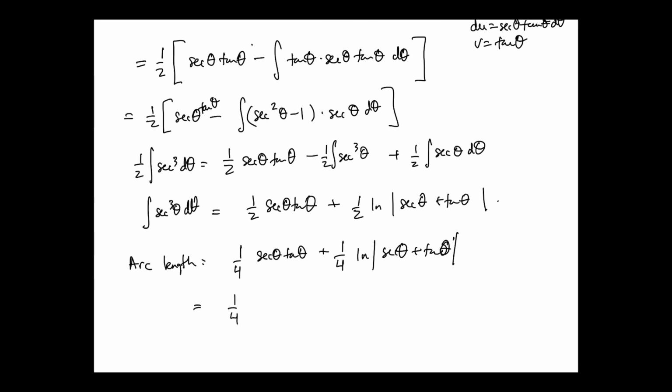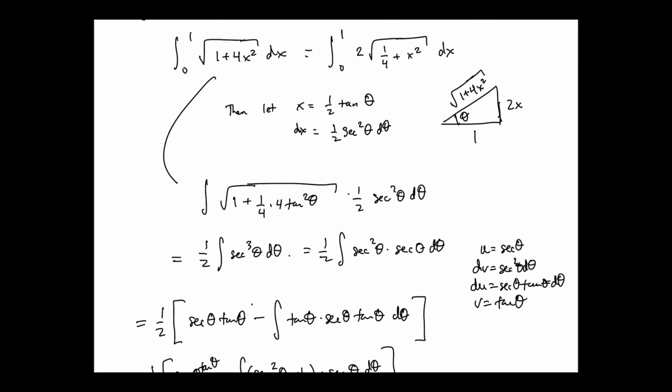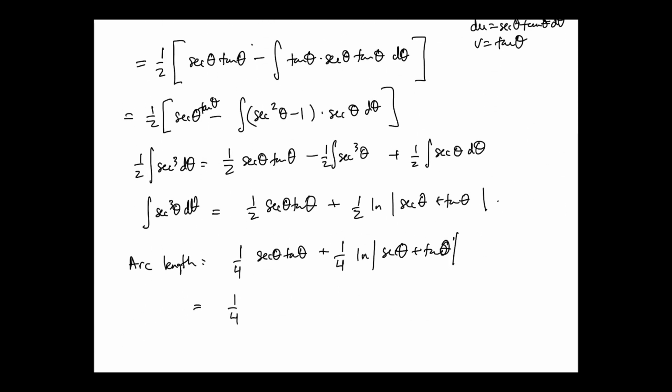Secant is 1 over cosine. Cosine in my triangle is 1 over the square root stuff, so secant is the square root stuff over 1. Tangent, we said, was 2x. Okay, so that's the arc length integral.